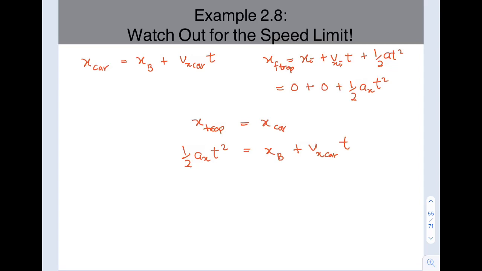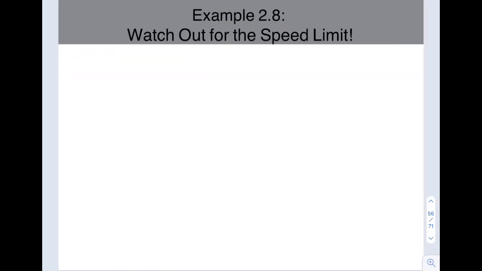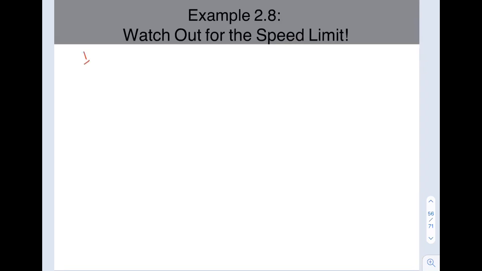So rearrange this equation and figure out t. Rearrange the equation: half ax t squared minus Vx of the car t minus x of the car at the billboard equals 0.